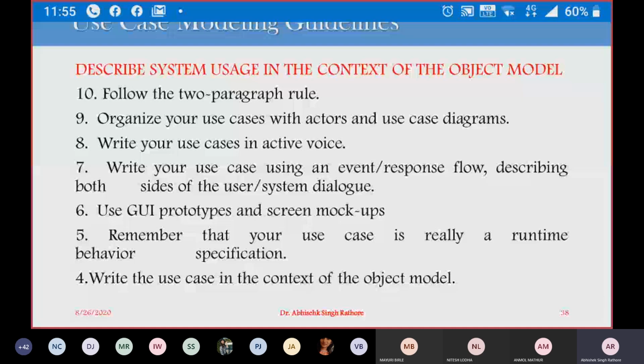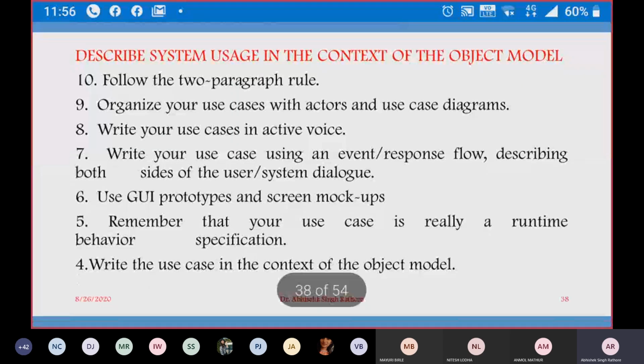When you are converting your requirement to active voice, it might be written as: the user enters her username and password, then clicks the login button, then the system looks up the user profile using the username and checks the password.